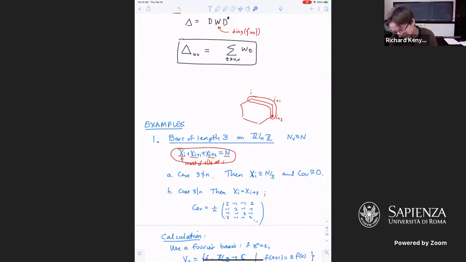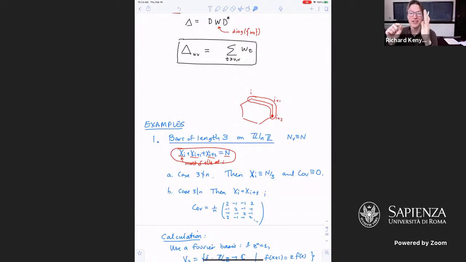This is my covariance matrix here. And so what you see is that the system is sort of crystallized, if I can say that.